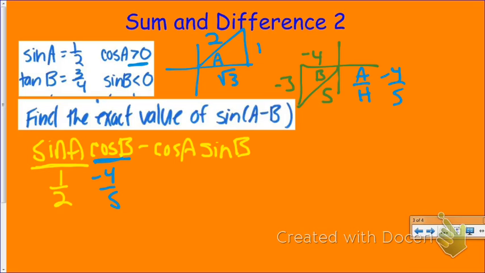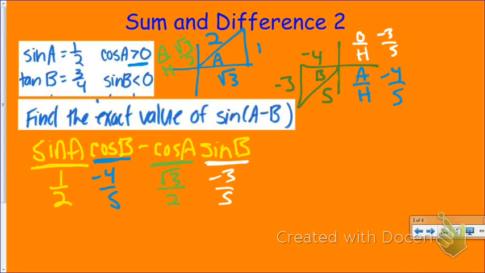Then I'm going to look at cosine of A. I look at that A triangle, and adjacent over hypotenuse is √3/2. And then finally I'm going to do the sine of B. The sine of B is my opposite over hypotenuse on the B triangle, which is -3/5. And then at this point, it's just some math with some fractions.